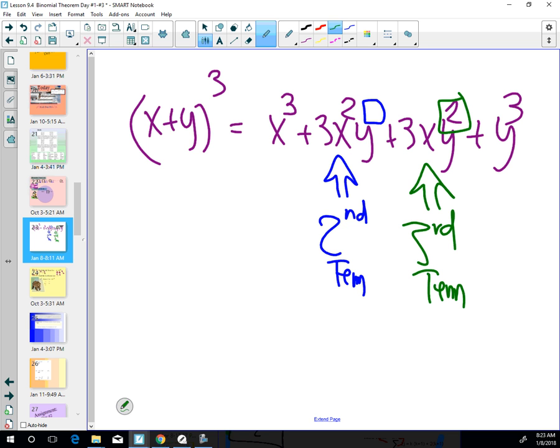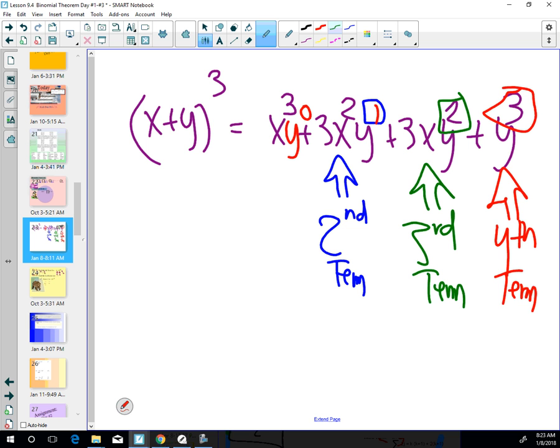What will the power of y be on the fourth term? This is important. 3. So what do you notice about the power of y and the term we're on? It's 1 less, right?